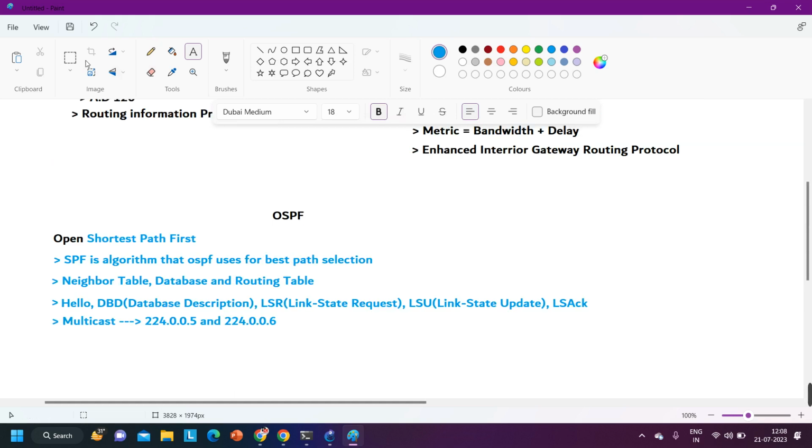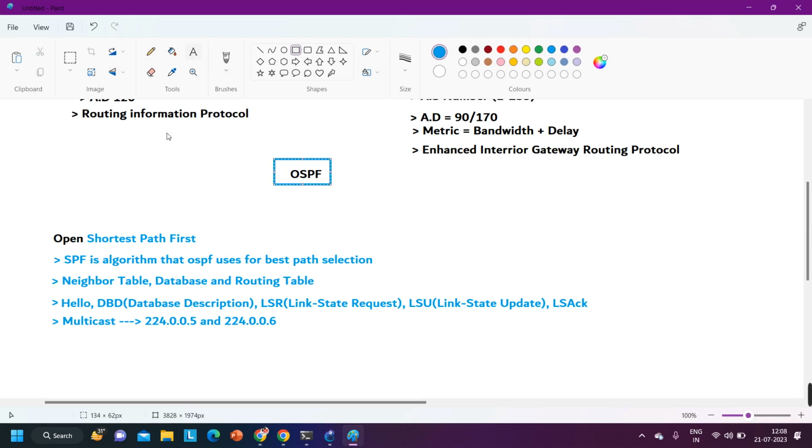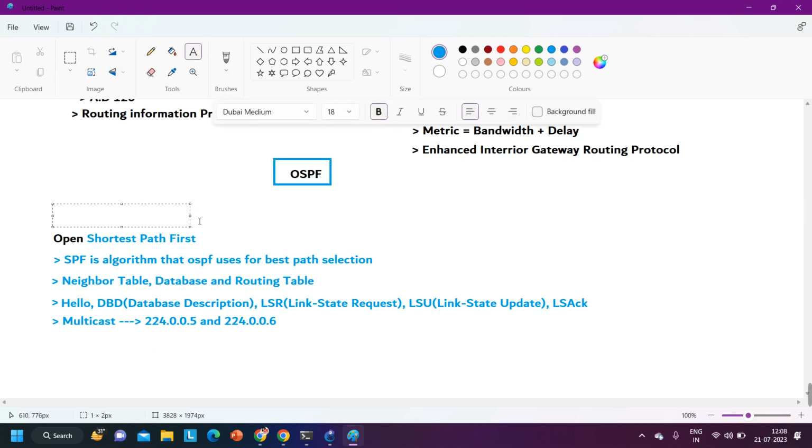Here I can mention one more important point: it is a link state routing protocol. A link state routing protocol never shares its routing information. Like EIGRP shares what? Its routing table with its neighbor, but a link state routing protocol shares the information of links.